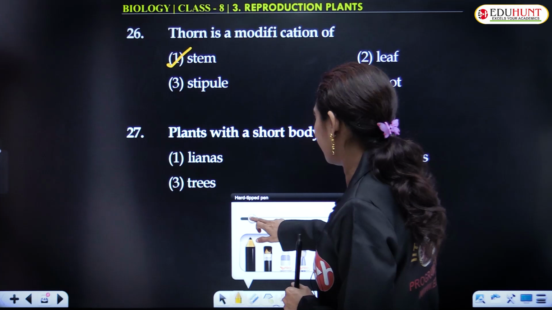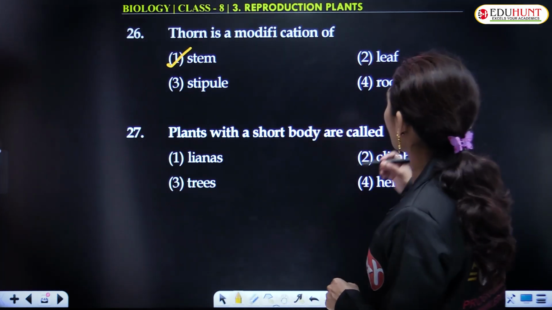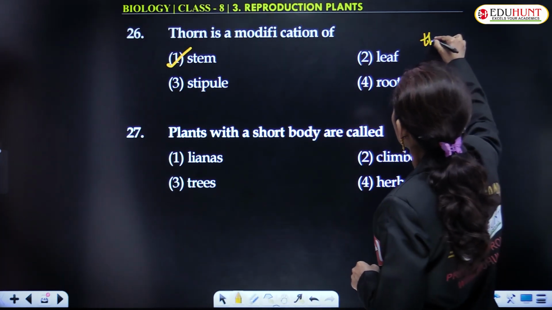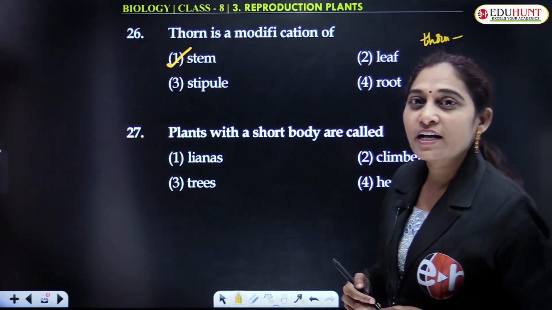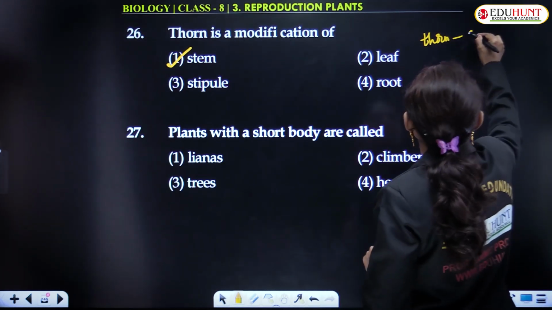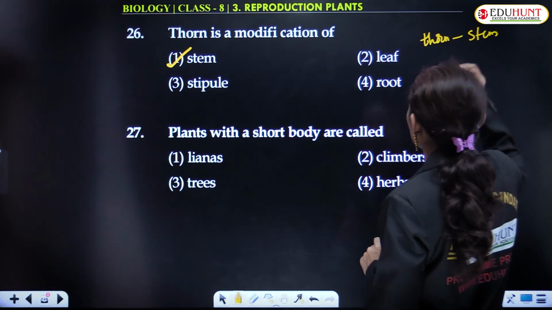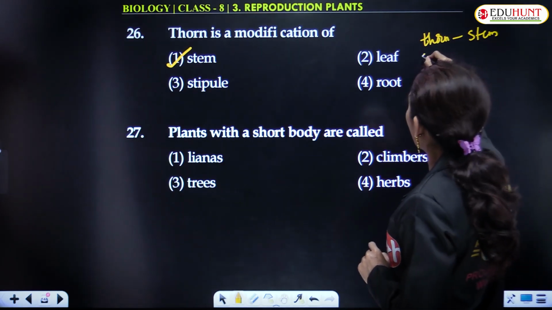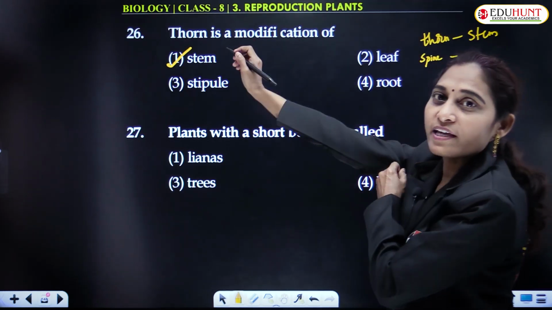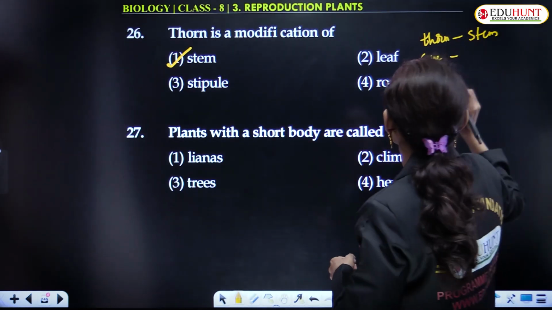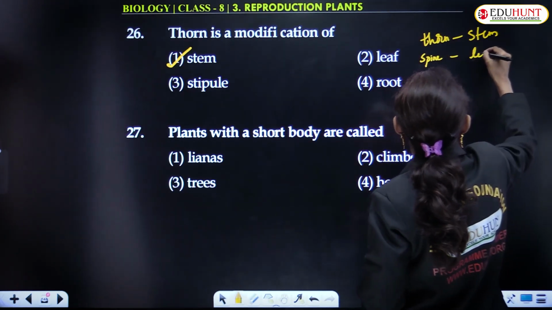Let's see the difference between these two. A thorn is a modification of stem, whereas a spine is a modification of leaf.